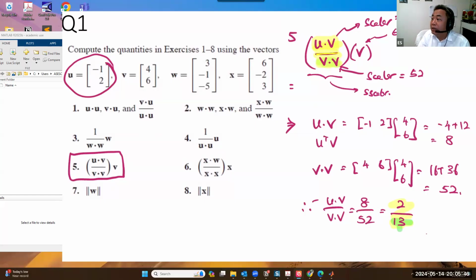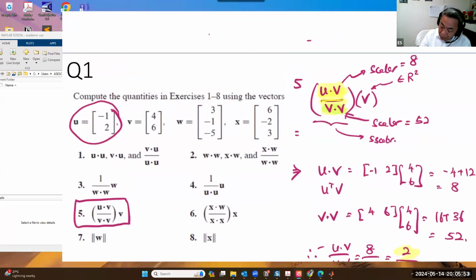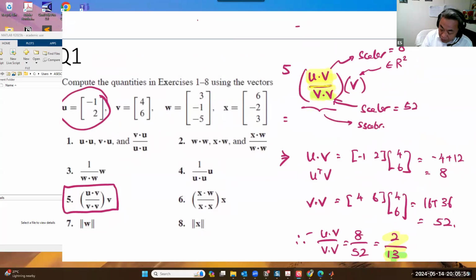Okay. So why does U dot V become a scalar? Remember, U dot V is this equation, right? It's U transpose V. And this vector is 1 by 2, and this one is 2 by 1.